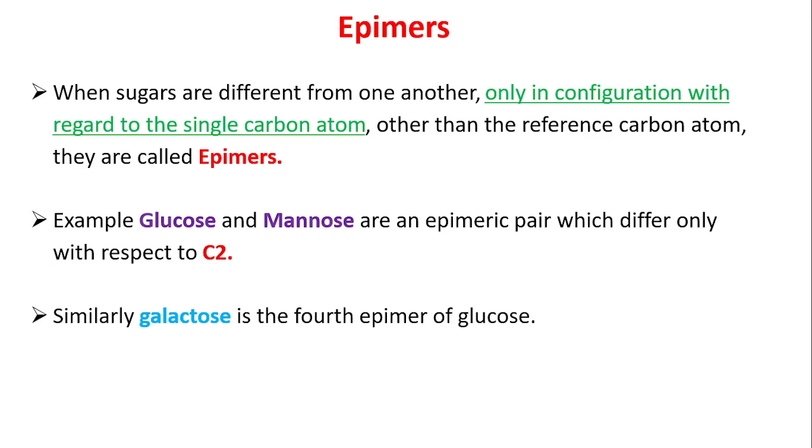They only differ at one single carbon. The first one is mannose. The difference between mannose and glucose is carbon number 2. Then when you talk of galactose, the difference between galactose and glucose is carbon number 4.